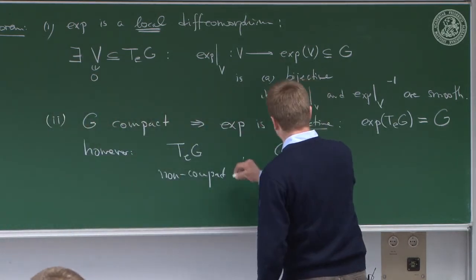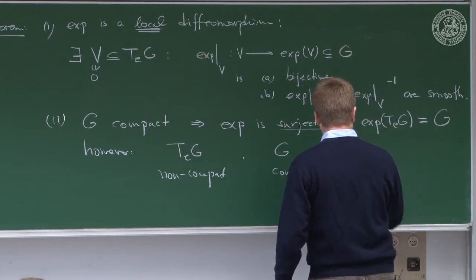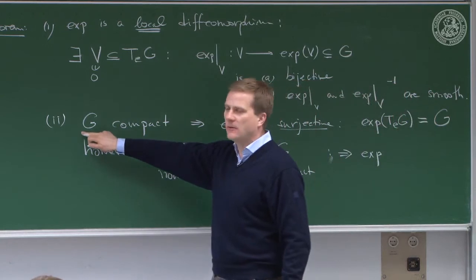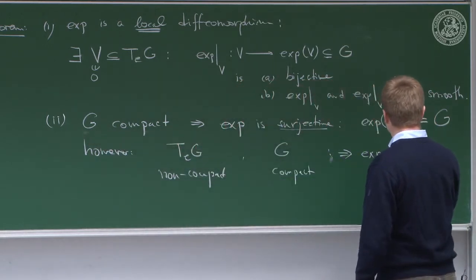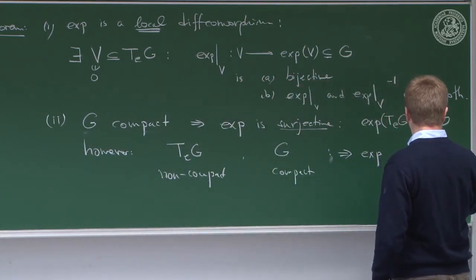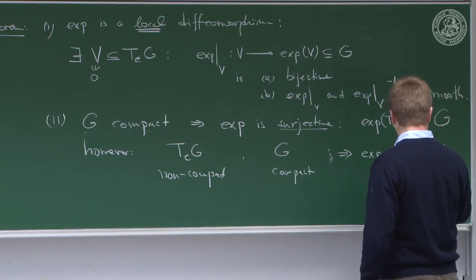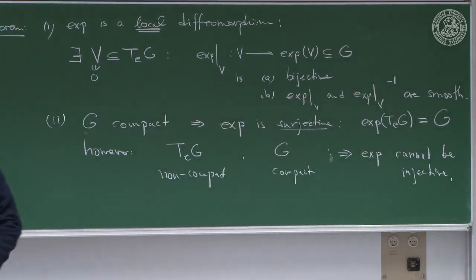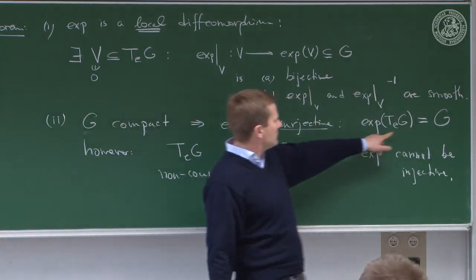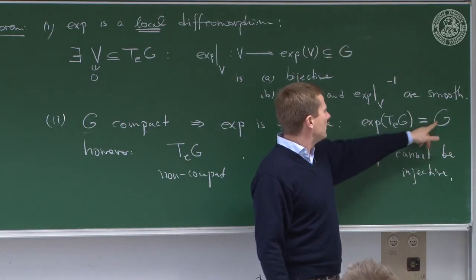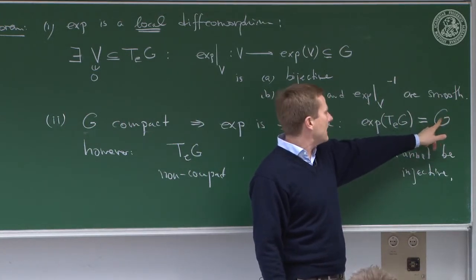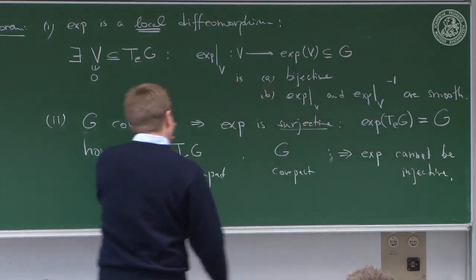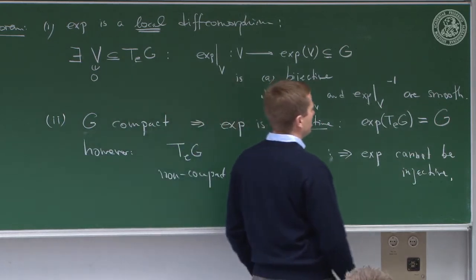Hence, it follows that exp, in this situation where G is compact, cannot be injective. So that means you get the whole group, but you will hit elements at least twice in here.